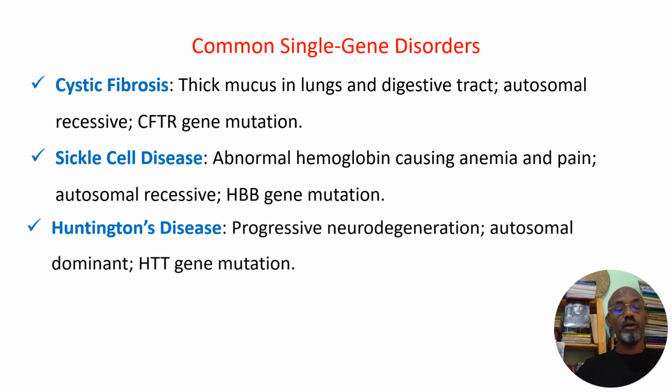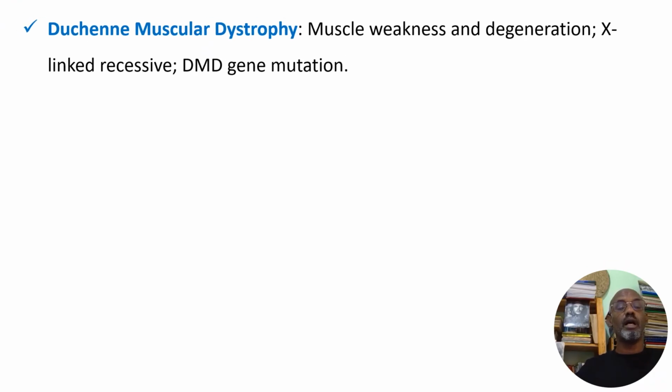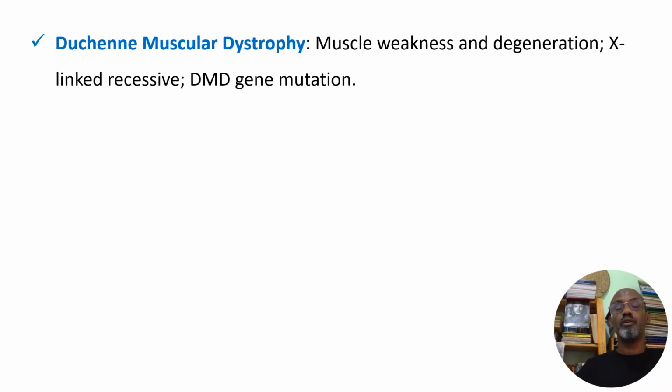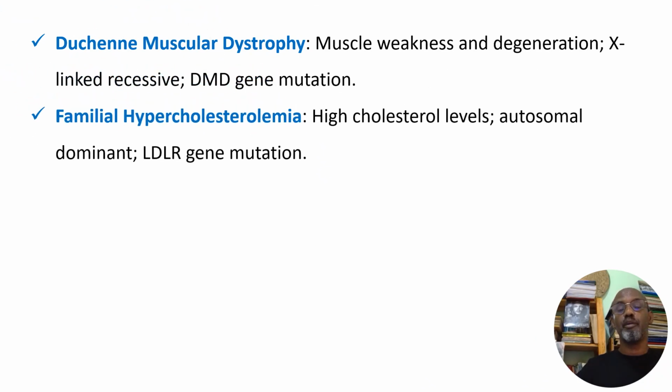And also Huntington disease, a progressive neurodegenerative autosomal dominant gene mutation. This is Duchenne muscular dystrophy, muscle weakness and degeneration. This is an X-linked recessive genetic disorder because of a nucleotide problem, gene mutation. The other is familial hypercholesterolemia, high cholesterol in the blood because of an autosomal dominant gene mutation.